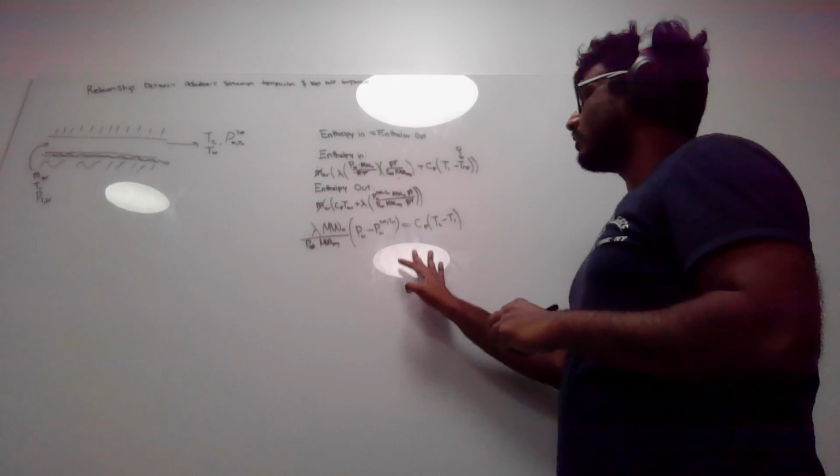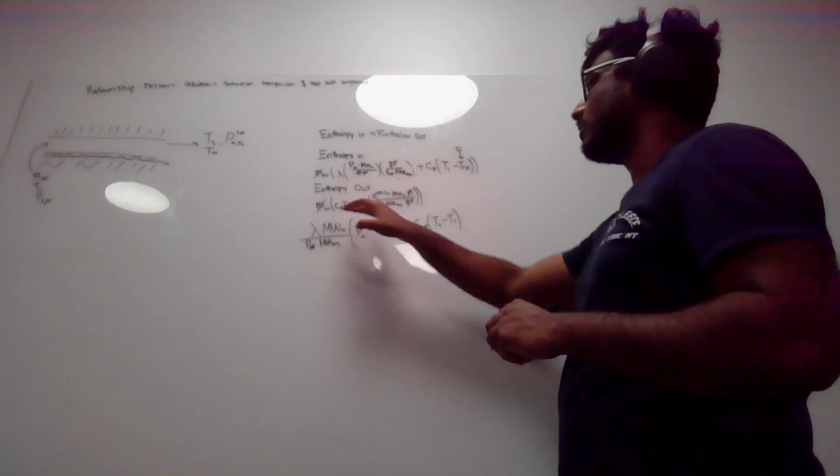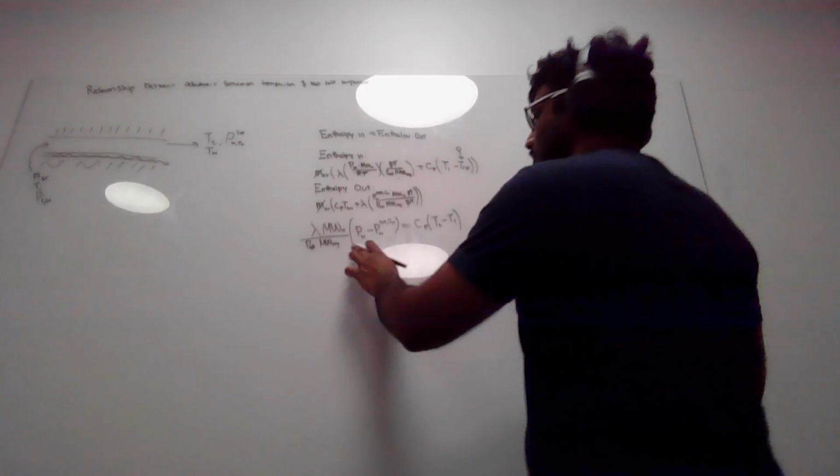So we took into consideration the heat capacity and the heat of vaporization parts of both enthalpy in and enthalpy out to get this simplified version of our equation.